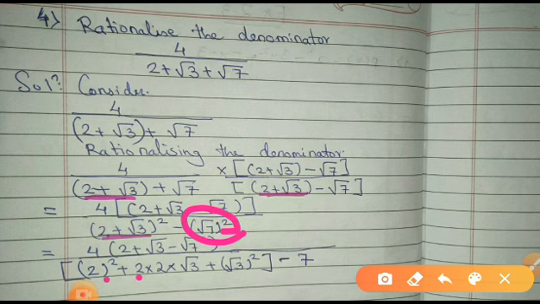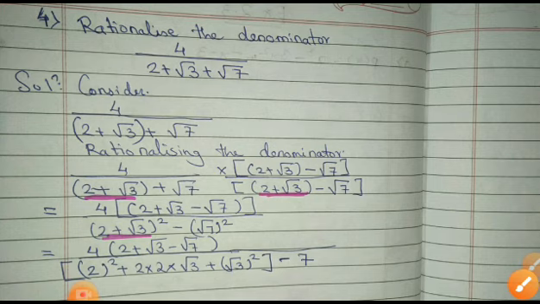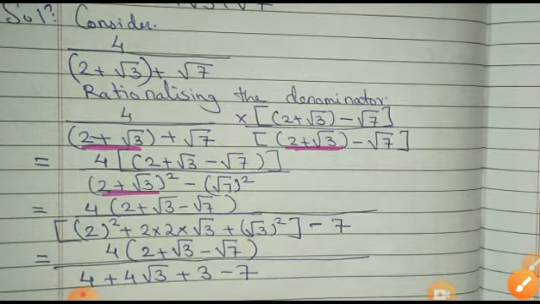Most of the time while writing in the answer sheet, you write till this and you forget to write the next term. Since it is outside the bracket, most of the time it is left out. So don't forget to write this term here itself. So I have got this. Now after simplifying, I got it as 2 square is 4, 2 2s are 4 root 3, plus root 3 square is 3, minus 7.